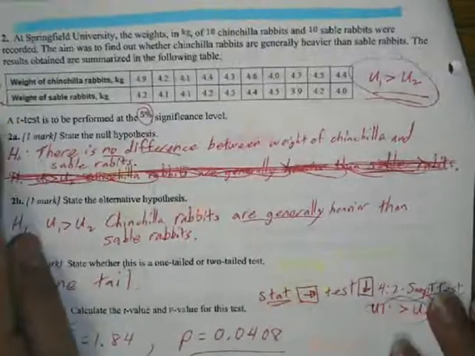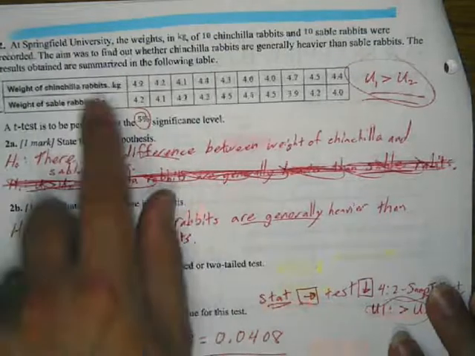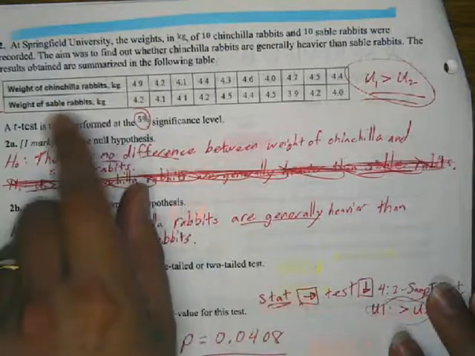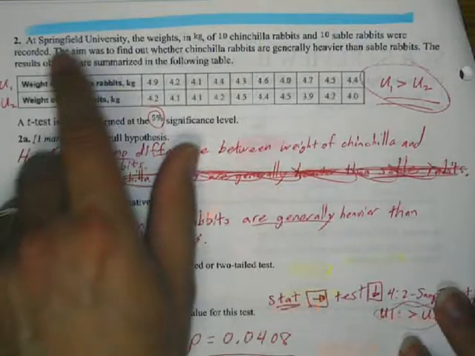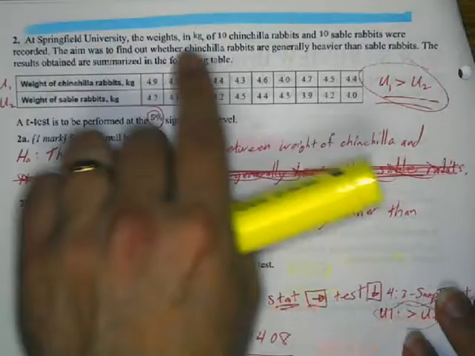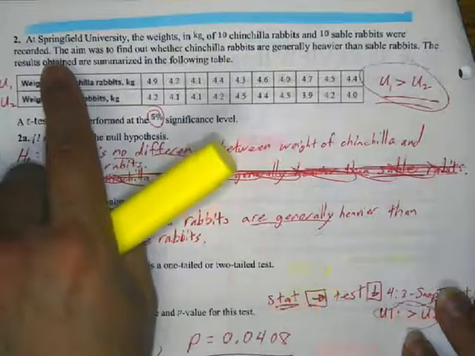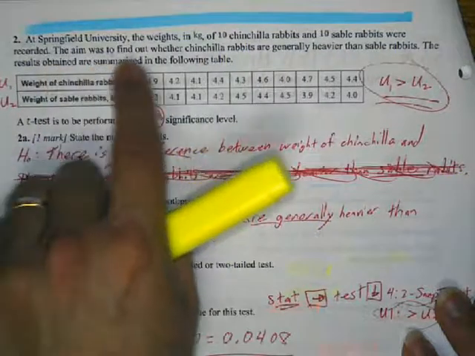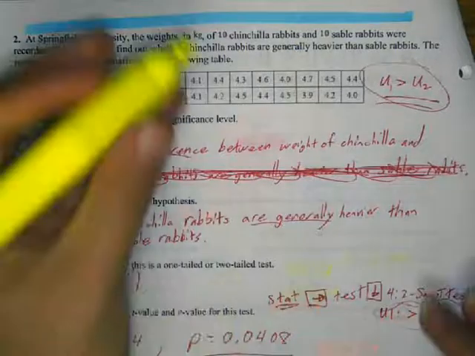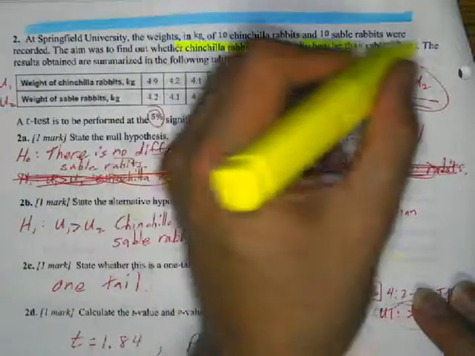Okay, so we've got two types of rabbits, a chinchilla rabbit and a sable rabbit. And the question is, we've got the different rabbits, and they're recorded. And the aim is to find out whether the chinchilla rabbits are heavier than sable rabbits.